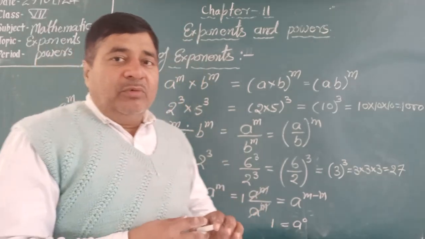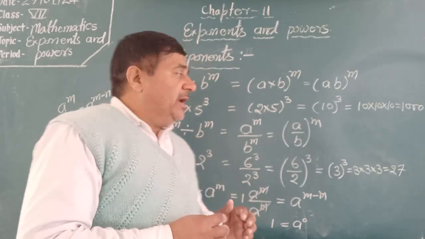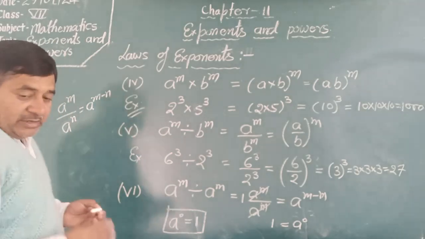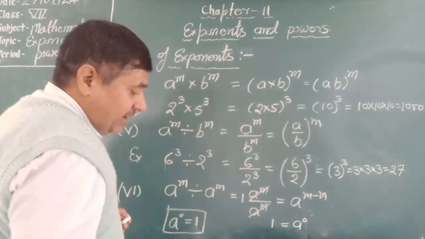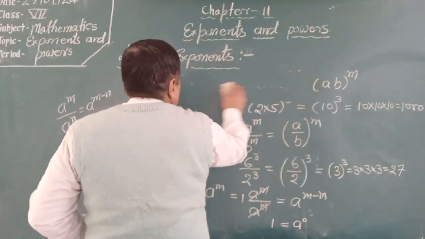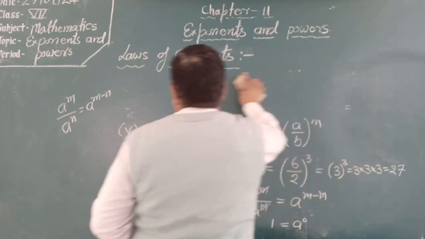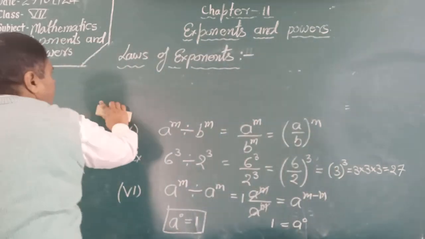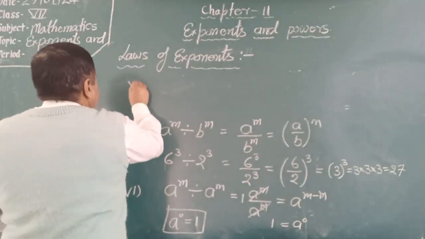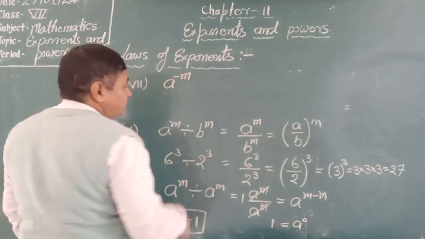Okay, one more definition we write here. Next, the seventh law: a to the power minus m.